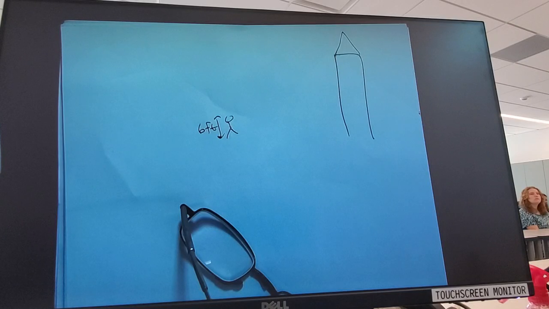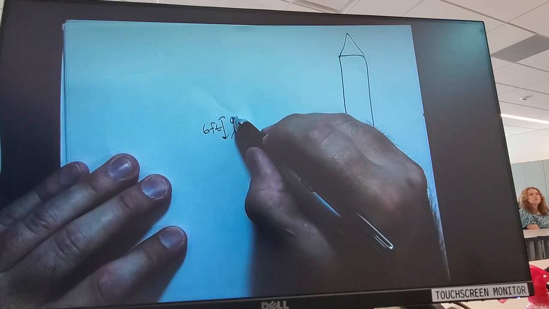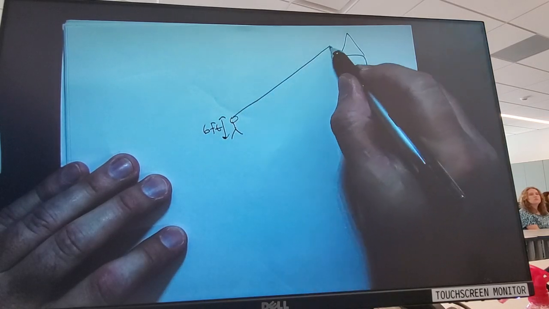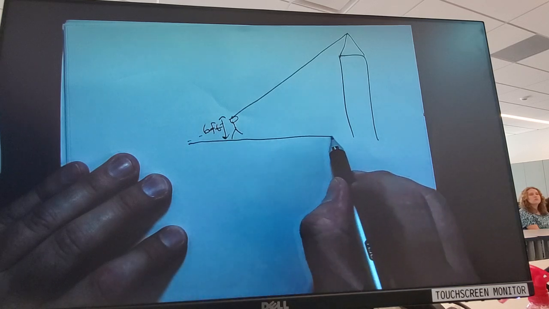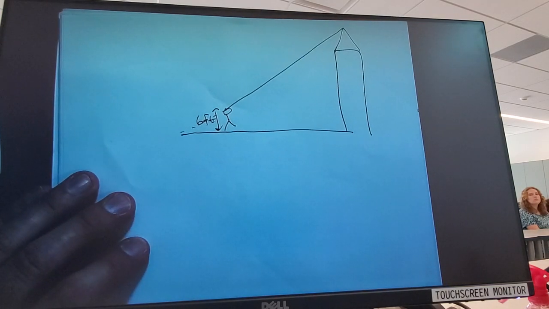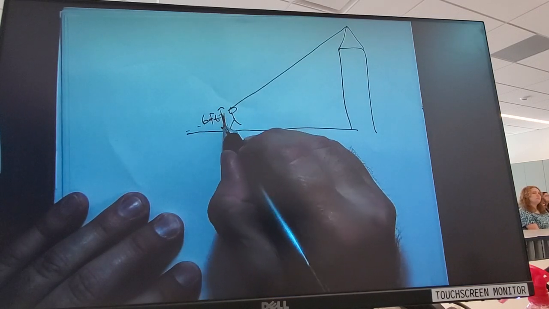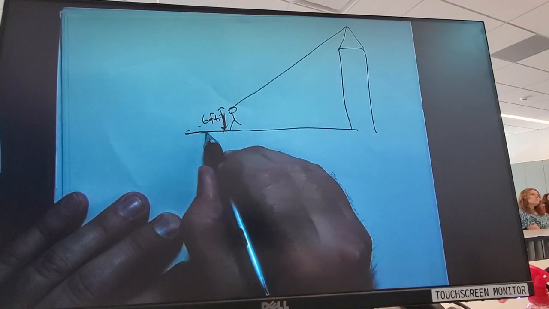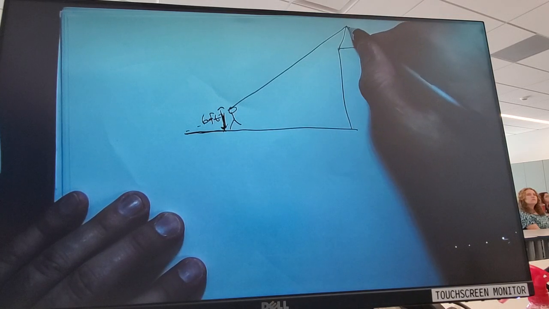So if you look straight and then look up and see the top of something, it'll measure the angle between there. So I've got this little triangle here that has 6 feet on one side, and I can measure how far this is. And I want to know how tall this thing is.